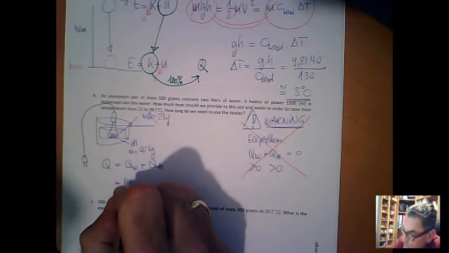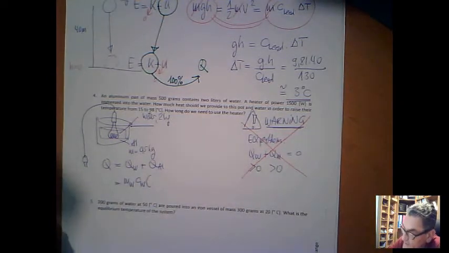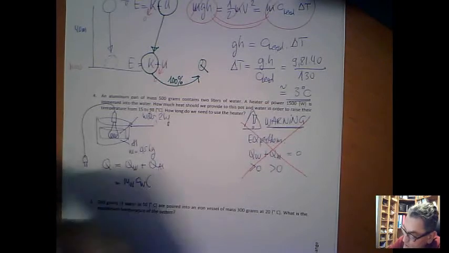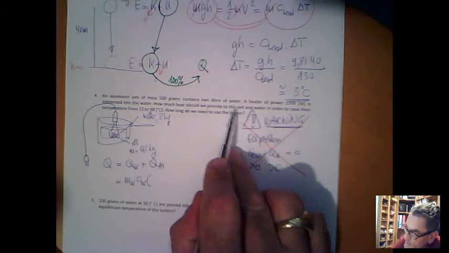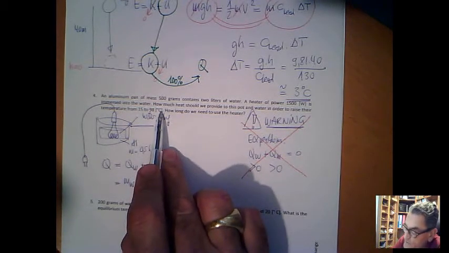The Q of the water is the mass of the water times the C of the water times the temperature change needed to raise the temperature of the pan and water from 15 to 90 degrees.